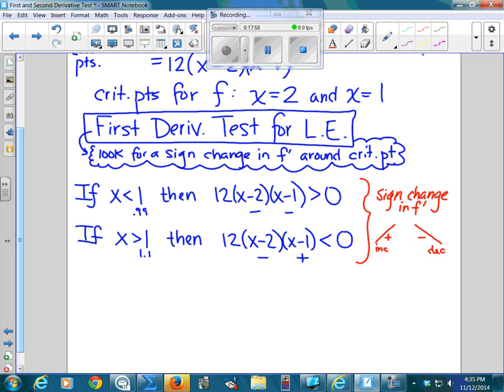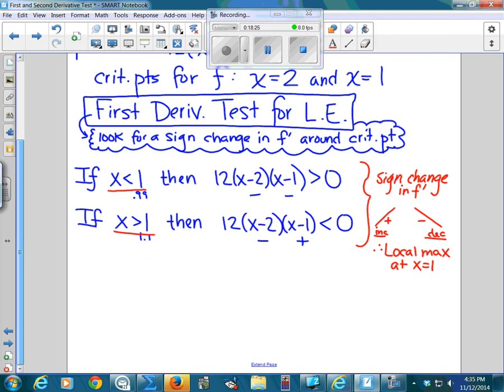Notice I ordered the inequalities to start less than 1, and then I moved to greater than 1, so that I could say the curve goes now from increasing to decreasing, which means a local max at x equals 1. Okay, first derivative test on that critical point.